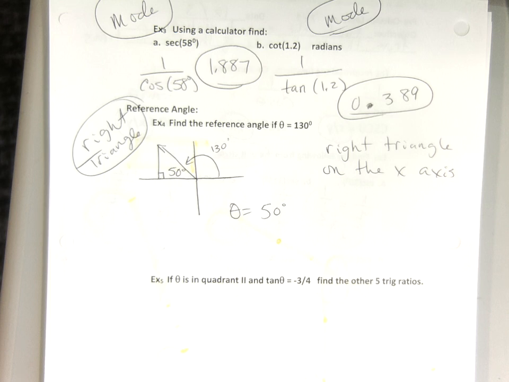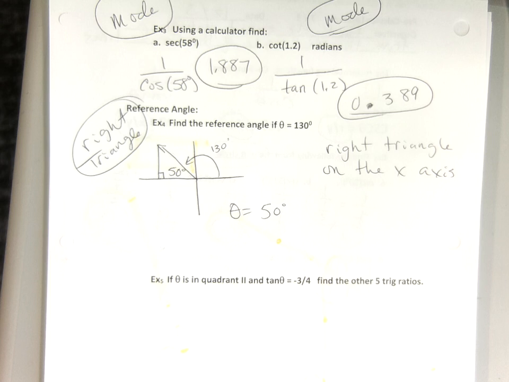The cosine of this angle is just the negative of this angle. So if you use your calculator to do cosine of 50, cosine of 130 would be just the negative of that answer. Does that make sense? The tangent of 50 would give you some value, and the tangent of 130 would just be the negative of that. Does that make sense? And that's why the reference angles are so important, okay?